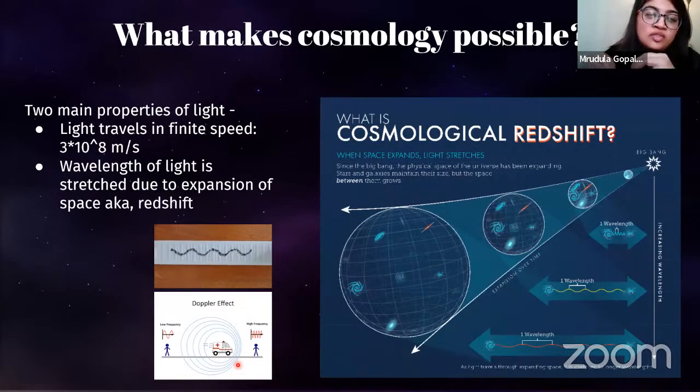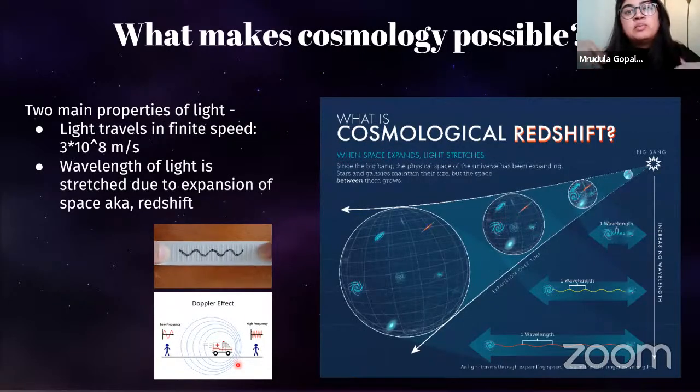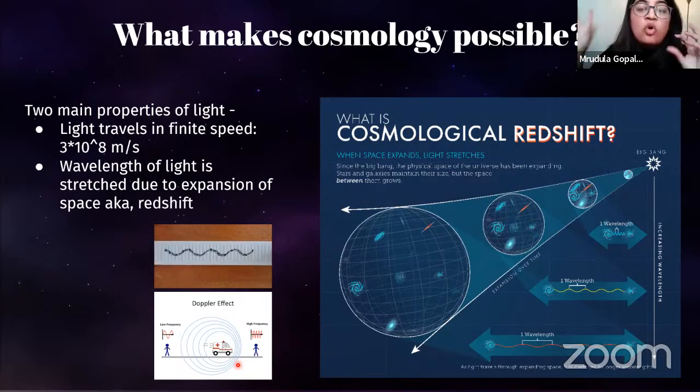Going over what the Doppler effect is: when an ambulance is whooshing past you, when it's closer to you the sound appears louder, but when it's going away from you the sound appears lower. The volume of the sound changes depending on how close it is to us.